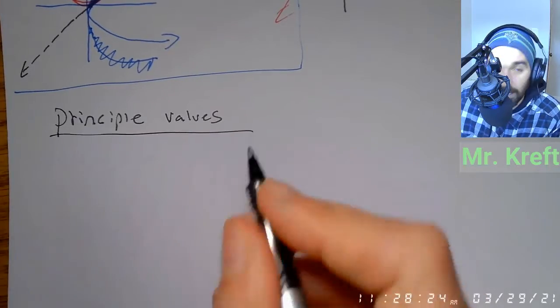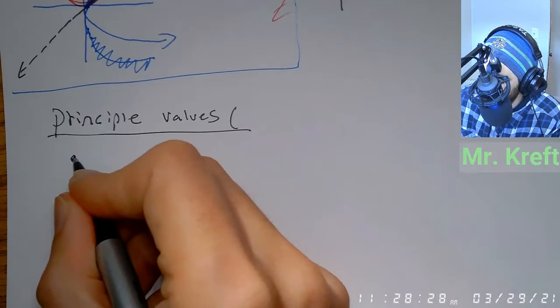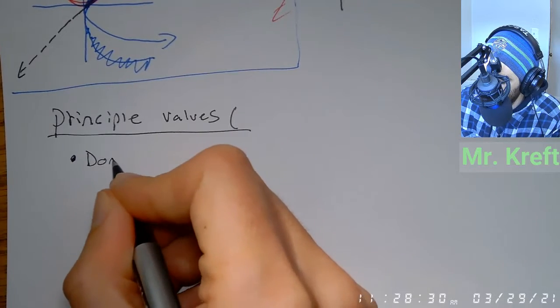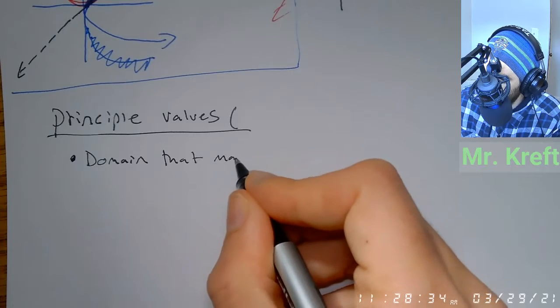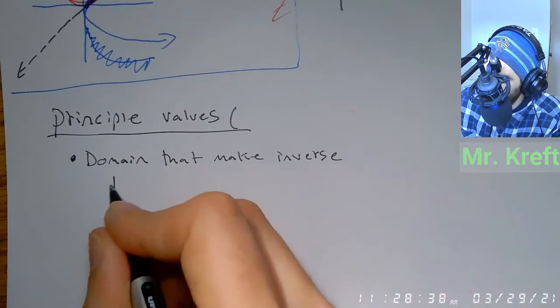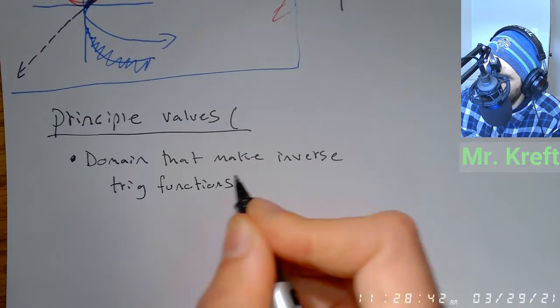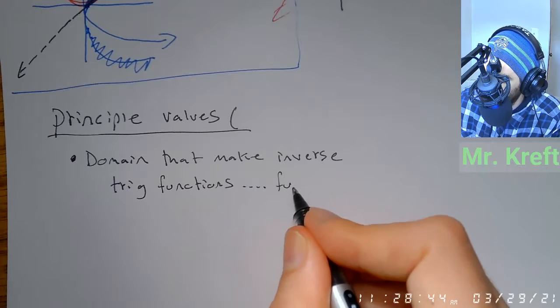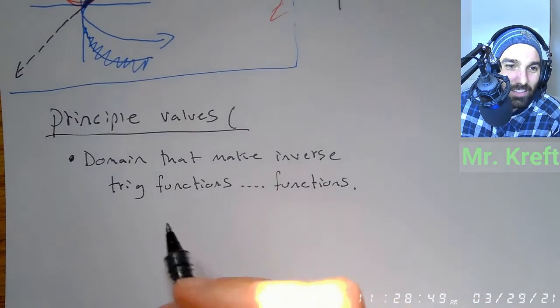Okay, so principal values. These are numbers, or a domain, that makes inverse trig functions functions. Okay, right?